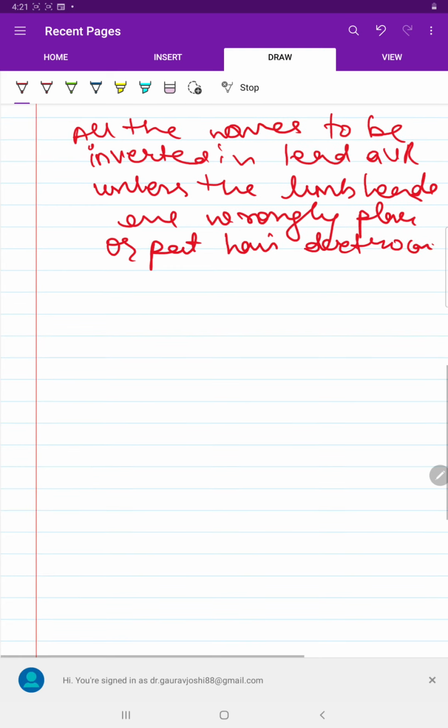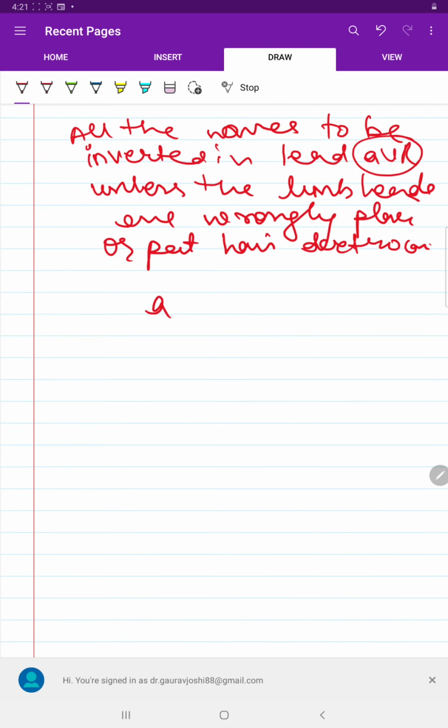Okay, AVR. We must remember this AVR lead, everything will be negative.